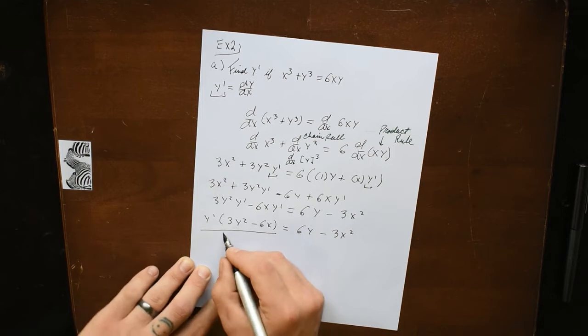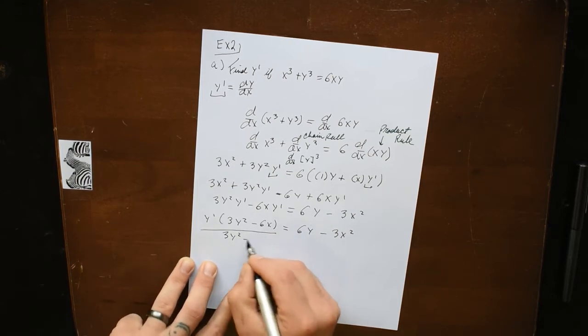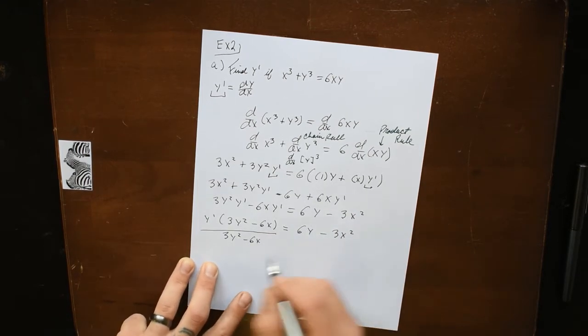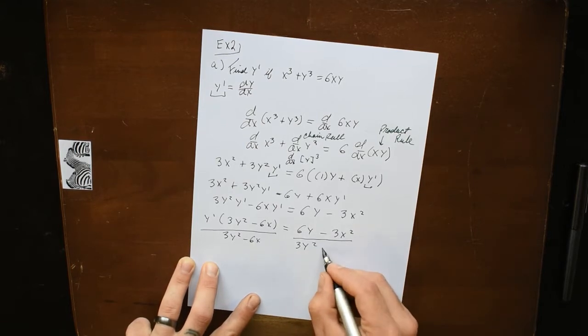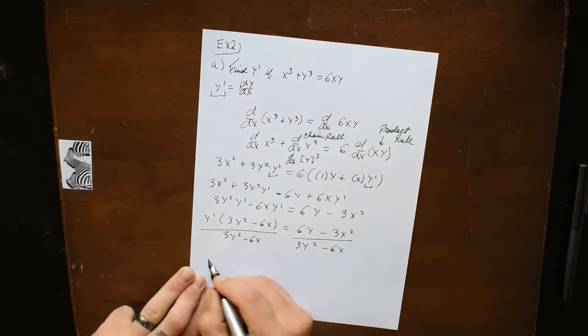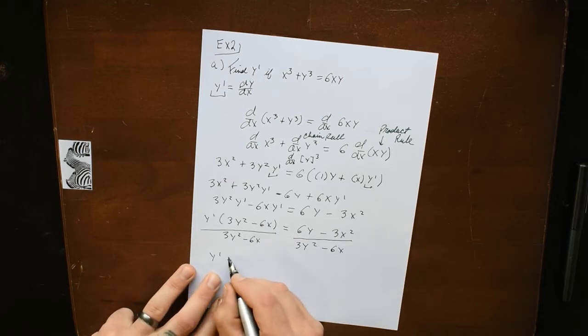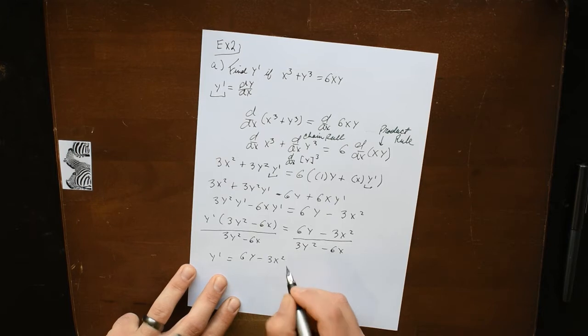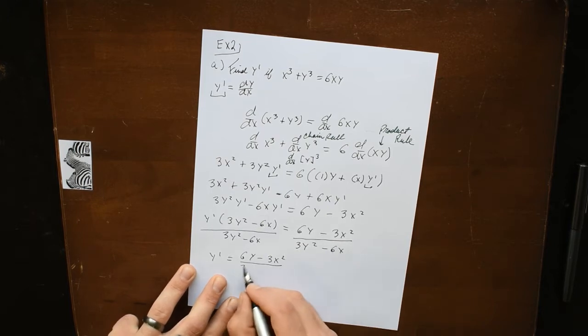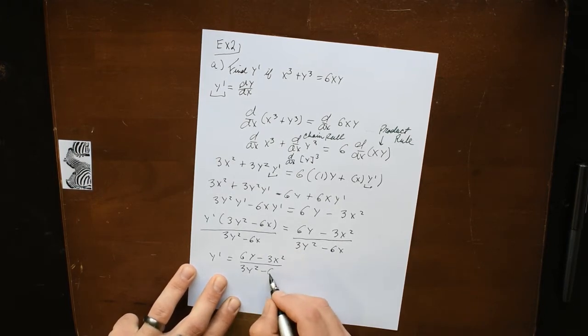Divide off 3y squared minus 6x to get y prime is equal to 6y minus 3x squared all over 3y squared minus 6x.